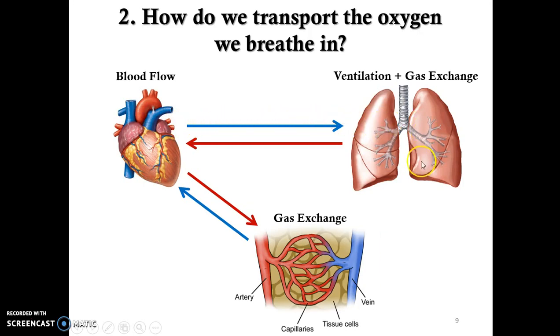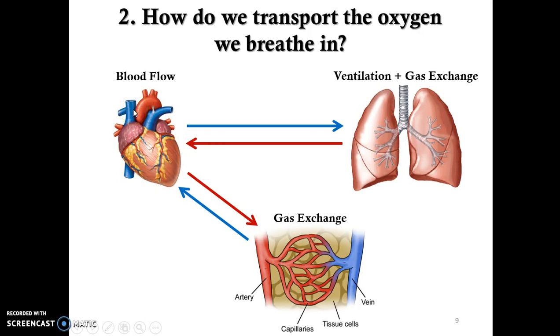It pumps it to the lungs where it gets that oxygen, and then from the lungs it comes back to the heart, where it can then be pumped out to the rest of our body, and that blood at the rest of our body in these little capillaries, it's able to diffuse those gases into the tissues, into the cells that need that oxygen to make energy. And then once they use up the oxygen, the veins take it right back to the heart. So think of the heart as the middleman.